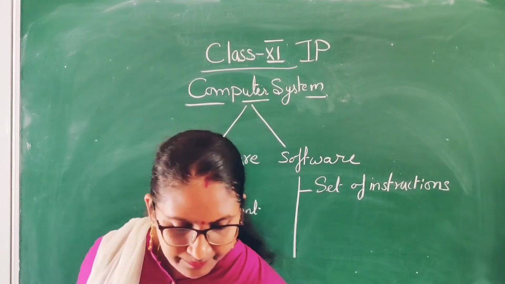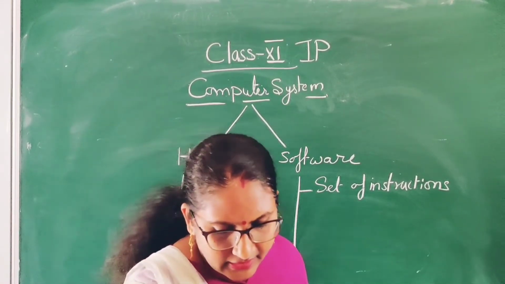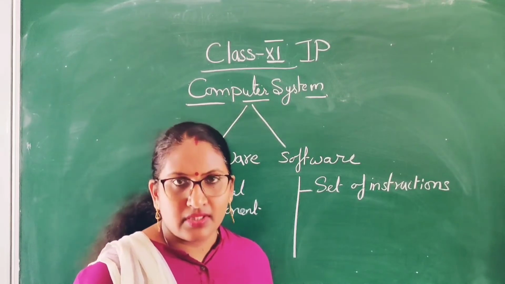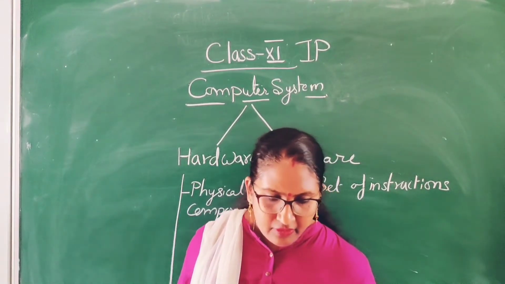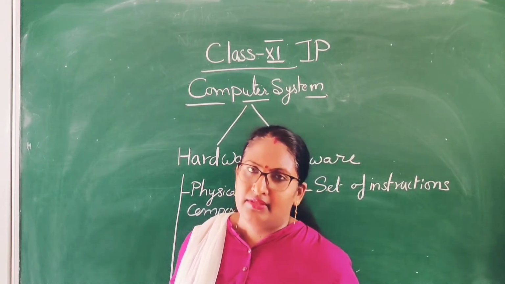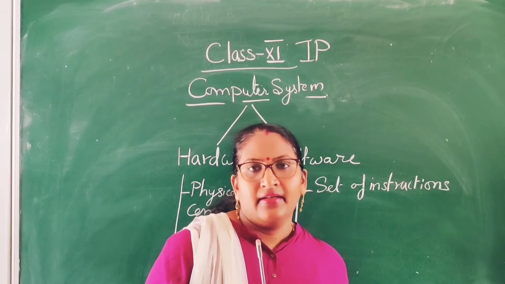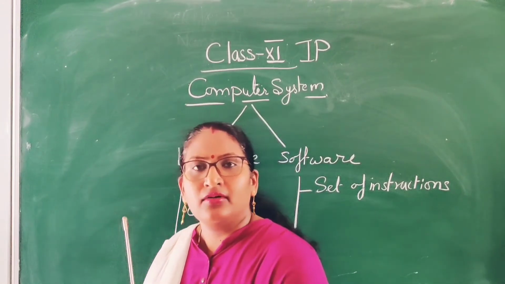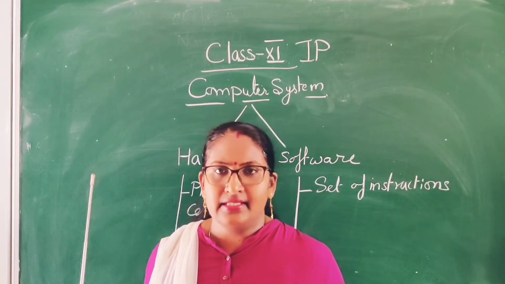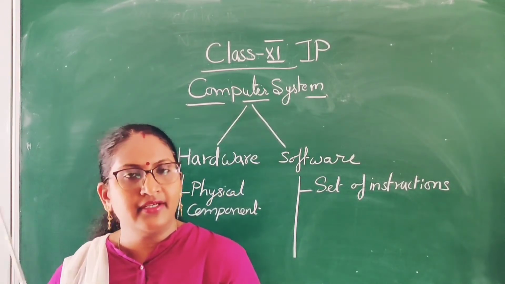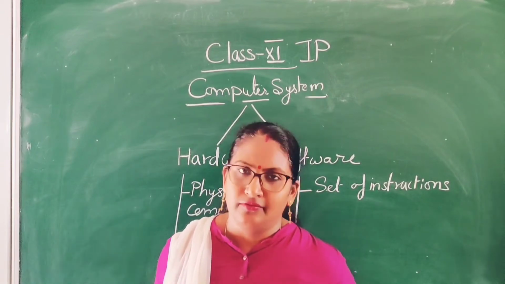Or we can say that software is a collection of computer programs, procedures and documentation that performs different tasks in the computer system. Different tasks means I want to save the file and at the same time take a printout of the file. So the computer is performing multitasking jobs.